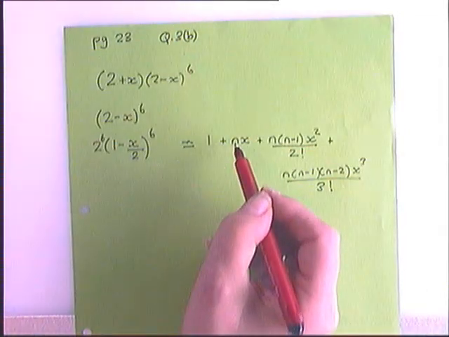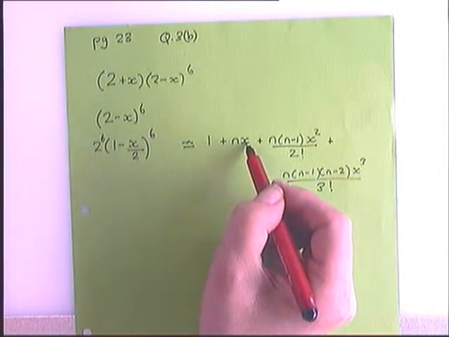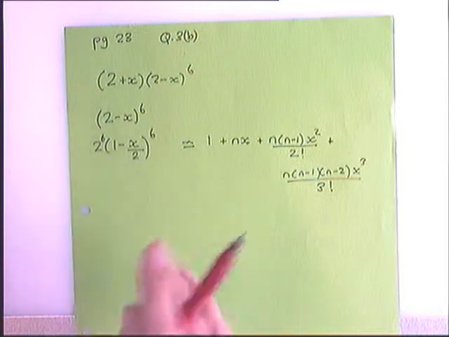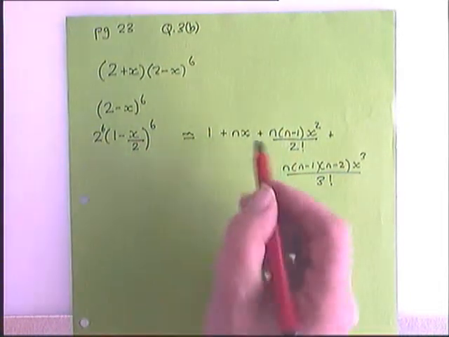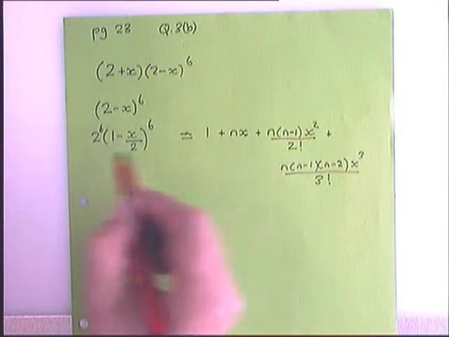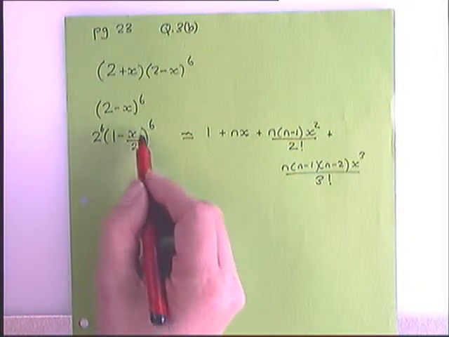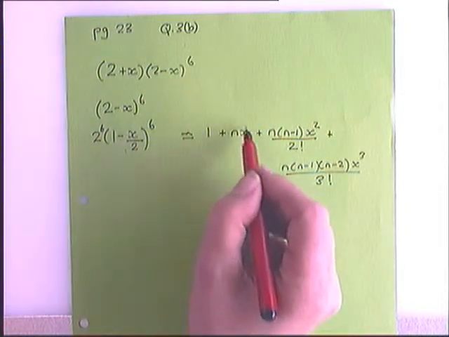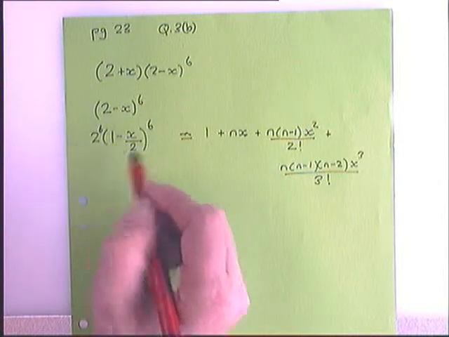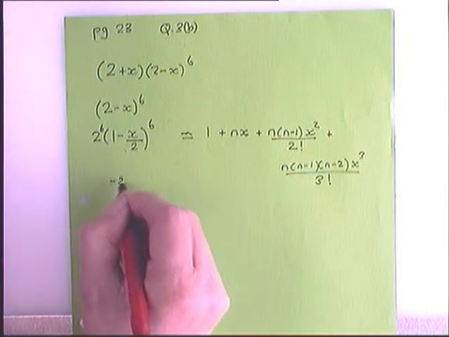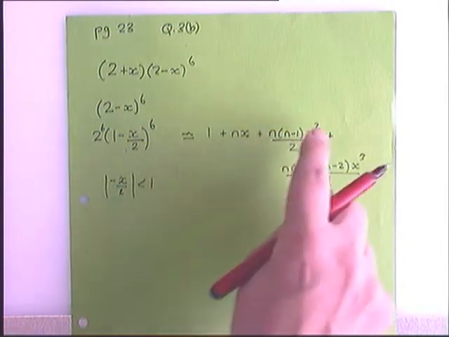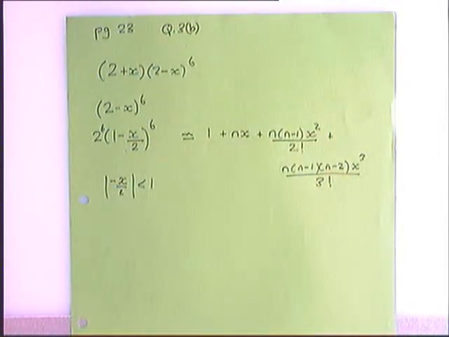The n in this expansion is the power, and the x is this second term in the bracket. For this formula to work, the first term in the bracket must be 1, and we're going to replace this x term with our term, which is minus x over 2. The modulus of that has to be less than 1 when you're substituting numbers in for this to work.